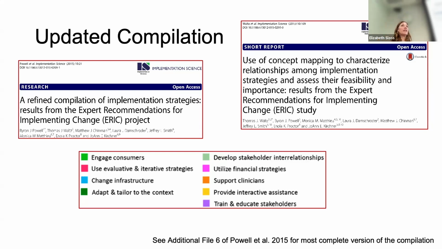So the ERIC compilation is heavily framed in healthcare settings or contexts. There's an article that came out, I think it's 2022, by Laura Bayless, and they really took the ERIC compilation and reframed it for community-based context. So I know we have at least one person who's in public health setting. And the strategies didn't change that much.